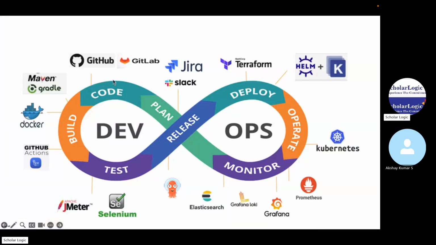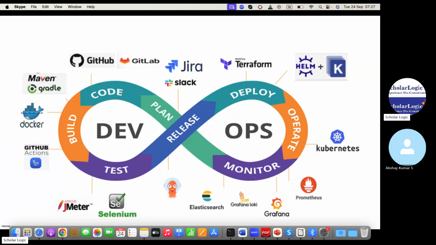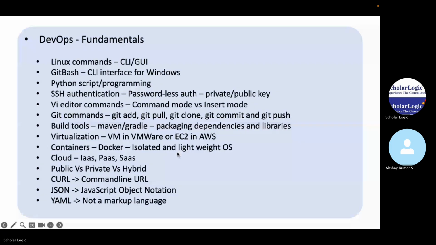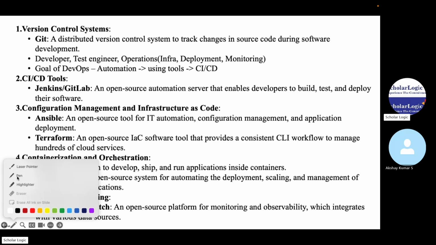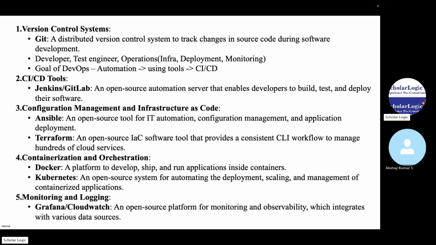Nothing much we need to discuss in these slides. Currently we are at this particular stage. Whatever we have completed, I'll tell you. Git, to some extent, we have completed.